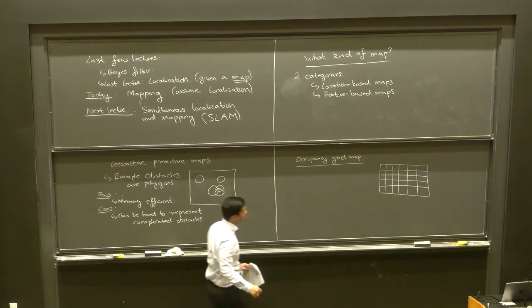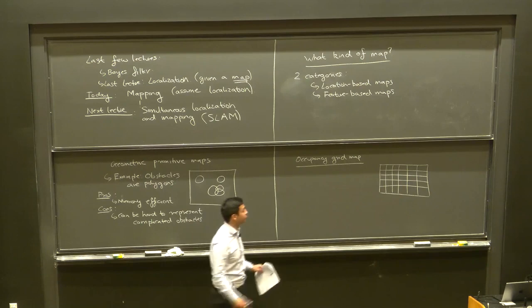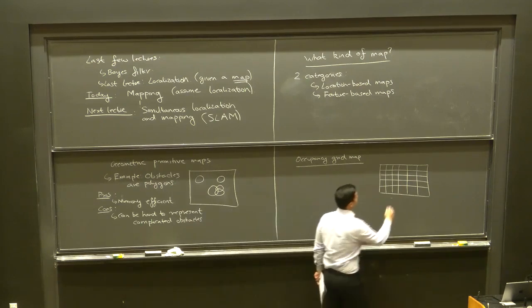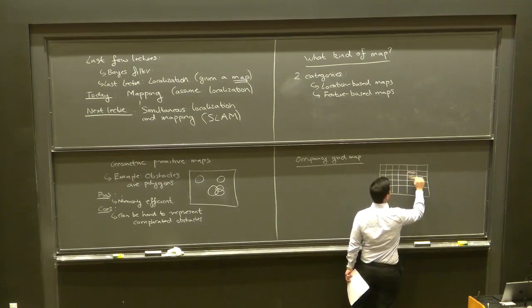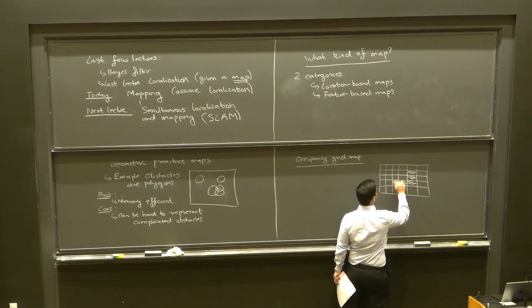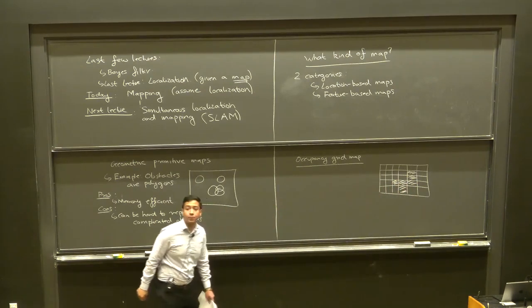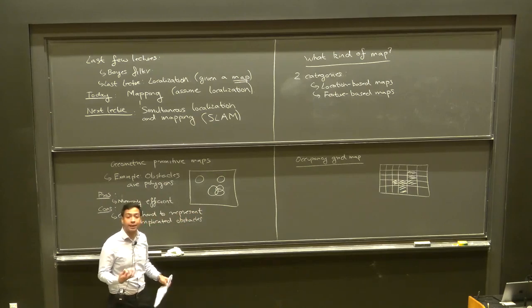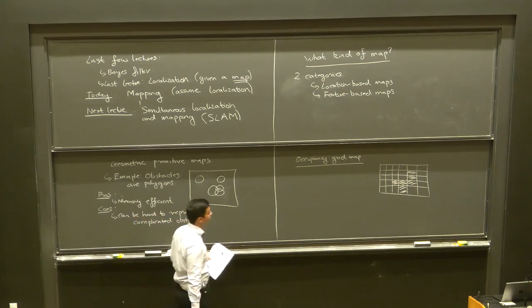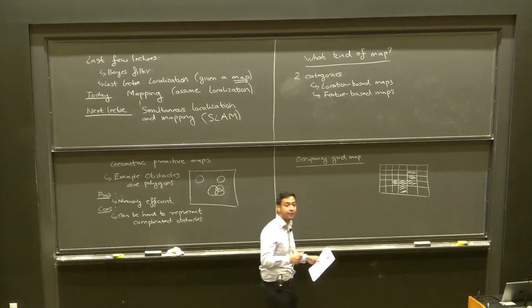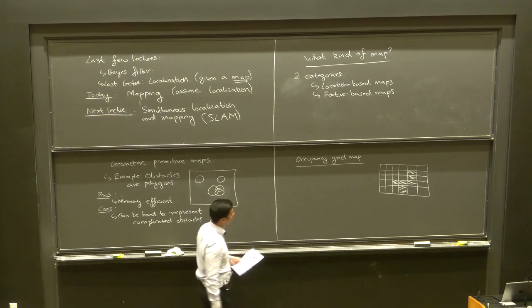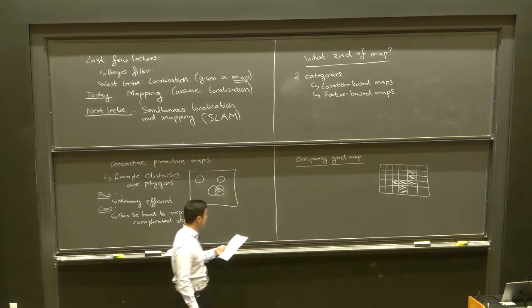Here again, just for the sake of pictures, I'm making everything 2D, but you can imagine 3D versions of this. And then for each cell, you say it's either occupied or not. And this was the representation we were using when we talked about graph search, right? So BFS, DFS, A-star, and Dijkstra, we were using this kind of representation.